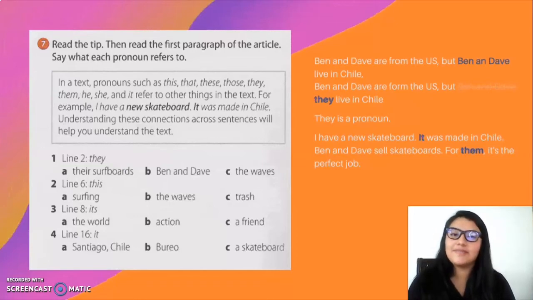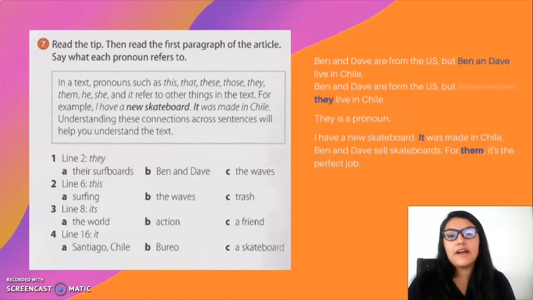And this time we're using they. So the sentence would be, Ben and Dave are from the US, but they live in Chile. When we are saying they, we are referring to these two guys, okay?